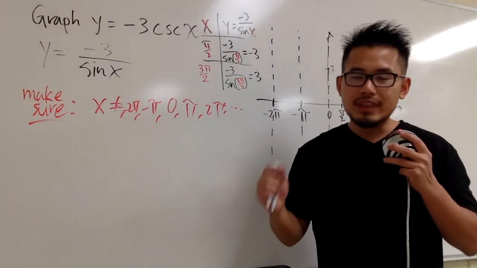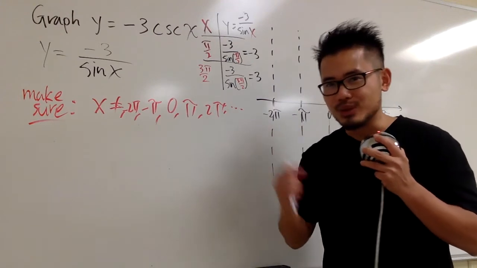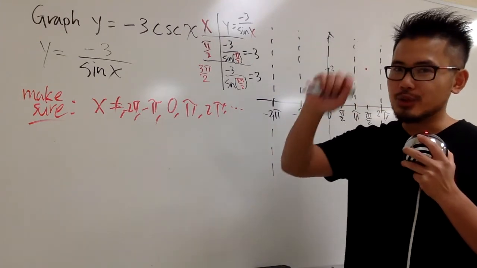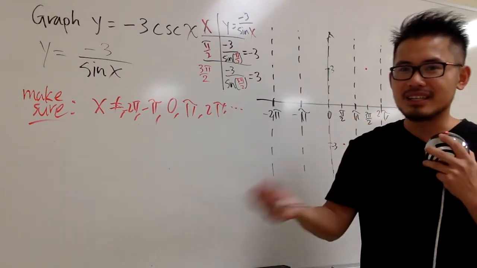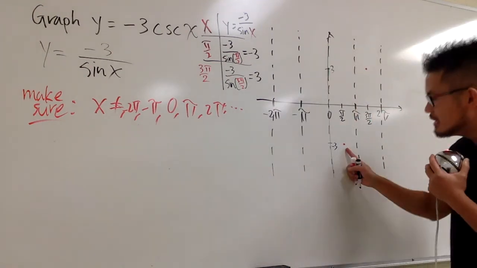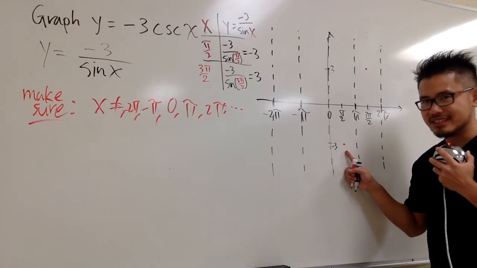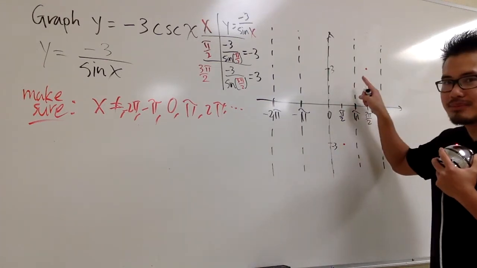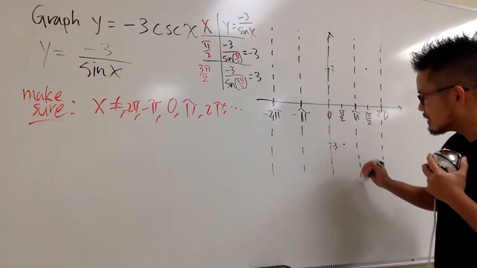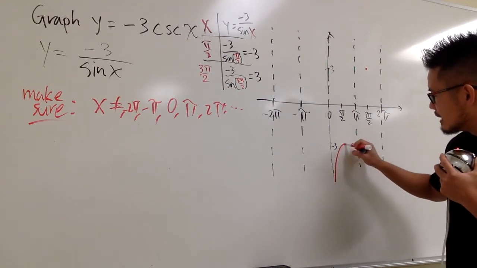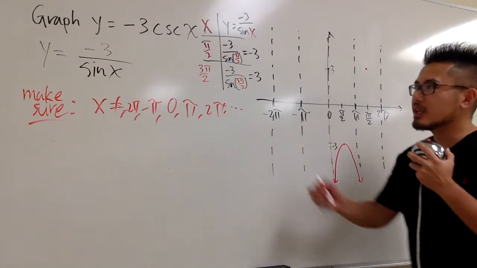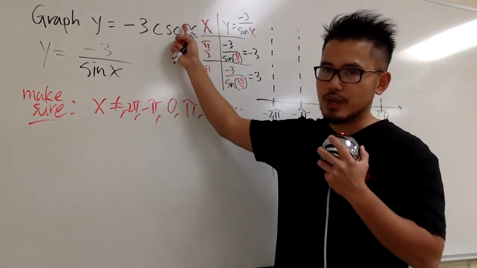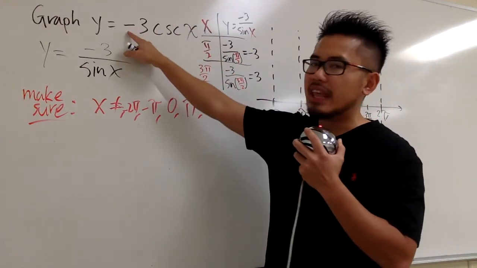And keep in mind, whenever we're trying to graph secant or cosecant, the graphs are going to be the U that goes up, the U that goes down, the U that goes up, goes down, and it keeps on going, right? This is the point that we have first. Does this one have the U that goes up? No, we don't. In this case, we actually have the U that goes down first. And the reason is because we have the cosecant x right here that's multiplying with a negative value.